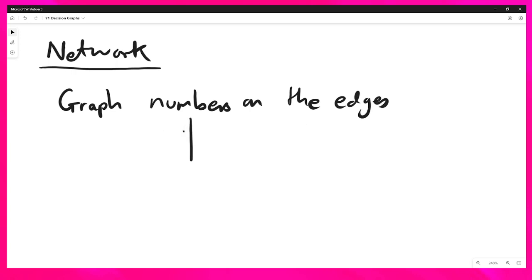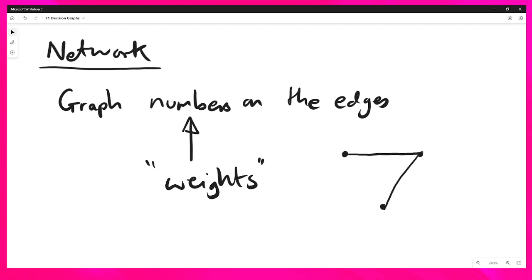And these numbers we refer to as weights. Okay, so we might have a simple graph like this with 3 vertices and maybe 4 arcs, and then some numbers listed on the edges like that.